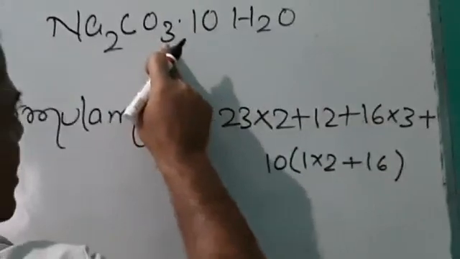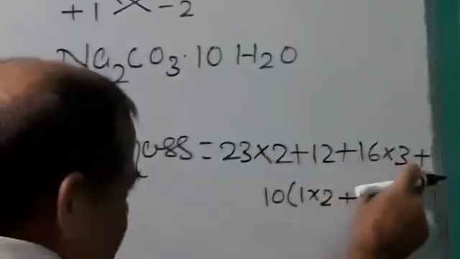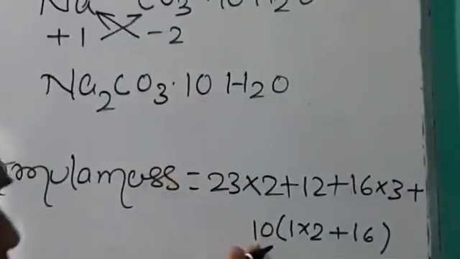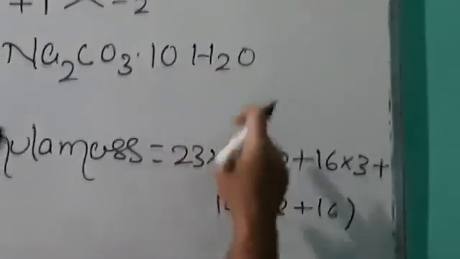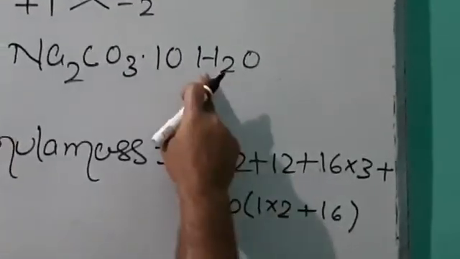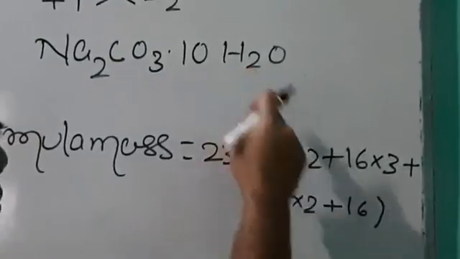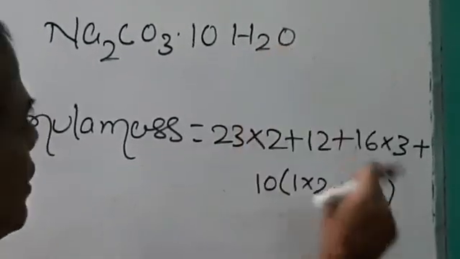How many oxygen? 3. 16 into 3 plus 10, outside and put it in bracket, H2O. How many hydrogen? 1 into 2 plus 16.